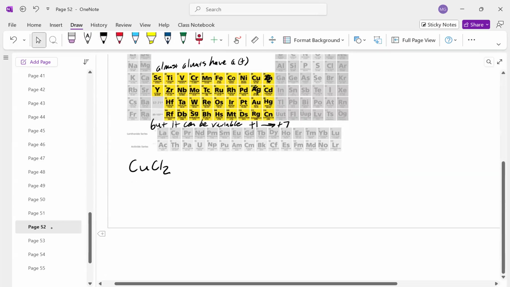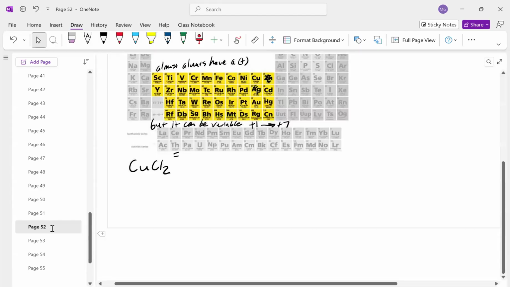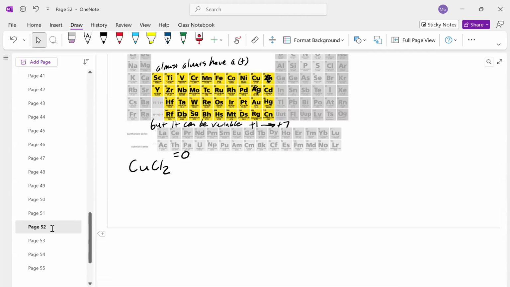Now, how do I determine the charge of copper in this compound? Well, first of all, notice that it's not an ion, so that means its net charge is 0. So all the charges of the ions in this compound have to add up to 0. Now, I do know the charge of chlorine. Chlorine is almost always -1.